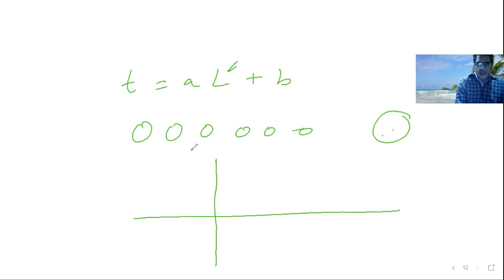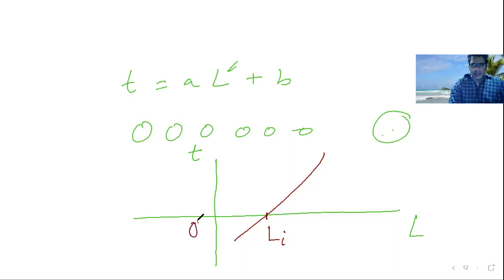So we are defining temperature as the function of length of the mercury column. So I have defined a straight line. Now this is my Li, and the temperature at the time is 0 degree centigrade, and if this is 100 degree Celsius here, this point is my Ls.